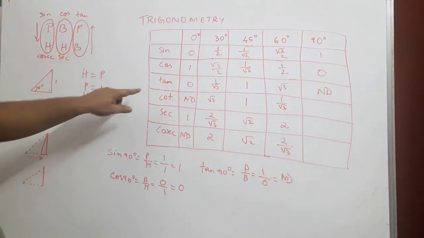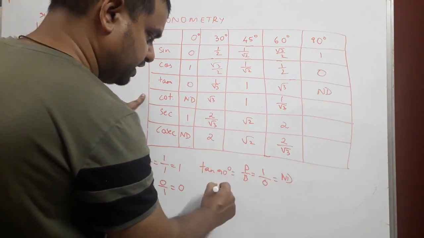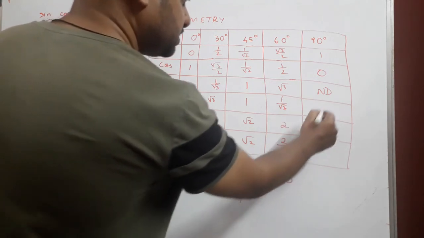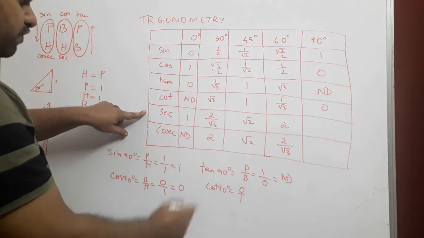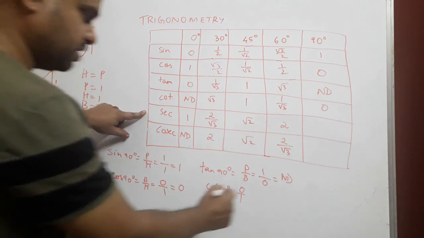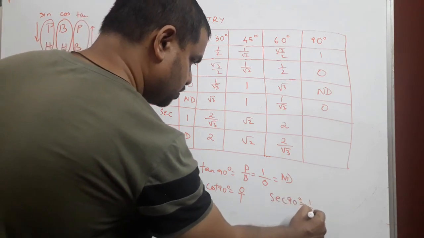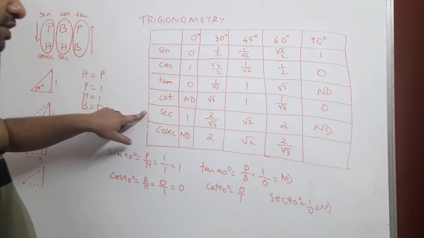Now we can easily find out cot. If tan is 1 upon 0, then cot 90 degrees has to be its reciprocal, which means 0 upon 1, which is 0. Sec is what? Opposite of cos. Cos was 0 upon 1, which means sec of 90 degrees should be 1 upon 0, which is not defined. So we write over here as not defined.